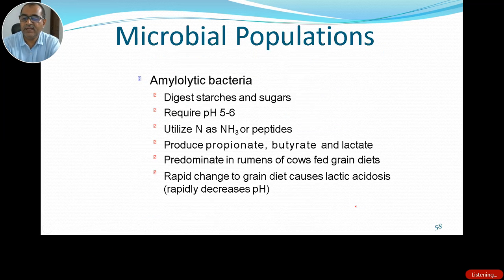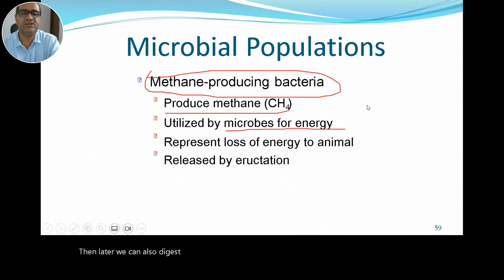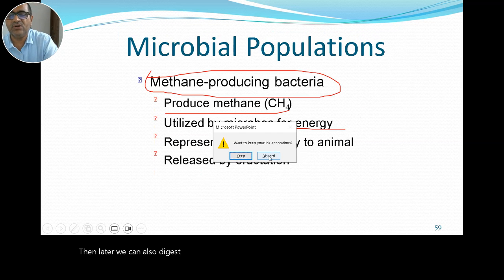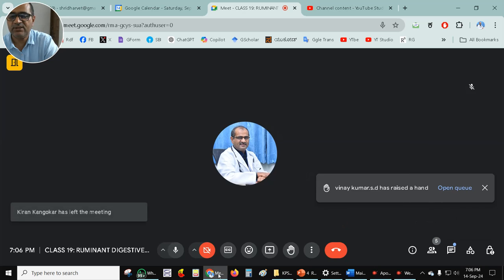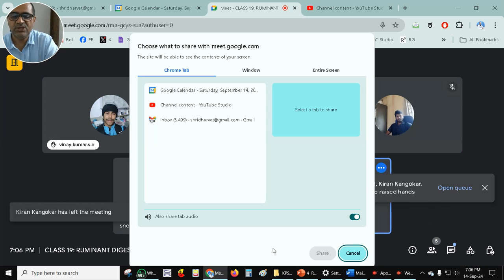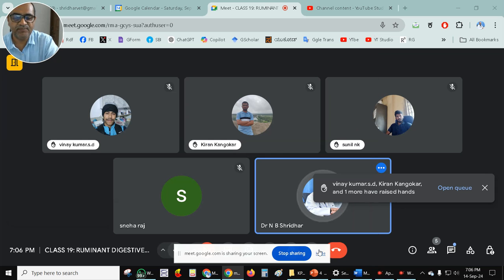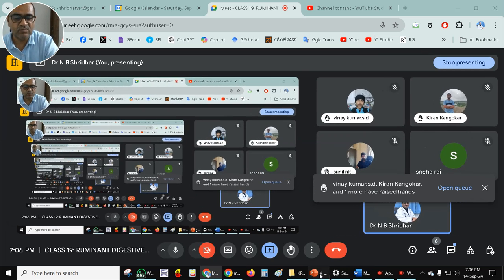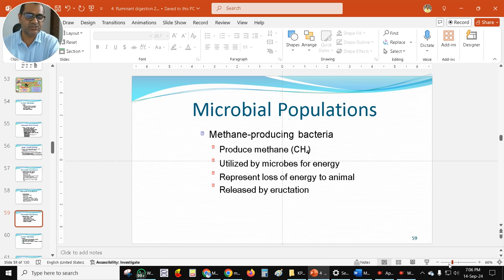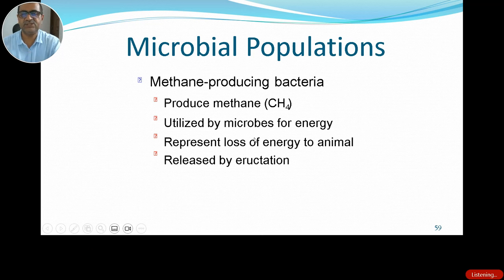Then later we can also digest the starch and cellulose. Of course, the cellulose. Many times the cellulose digesters produce methane.